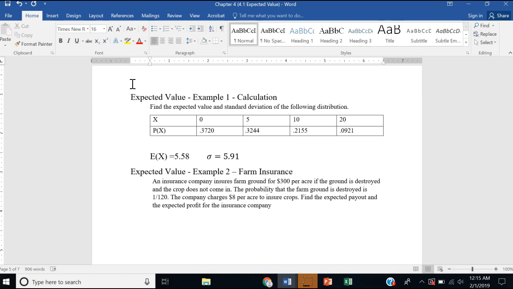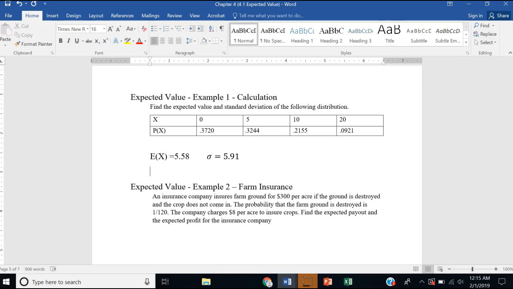Now, what I want to point out to you is this. Notice that the expected value is not a possible value, is not a possible outcome in my experiment, right? 5.58 is not a possible outcome.